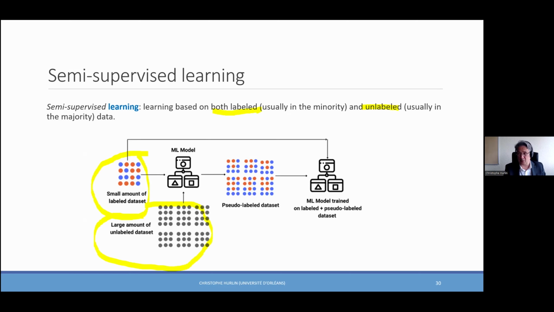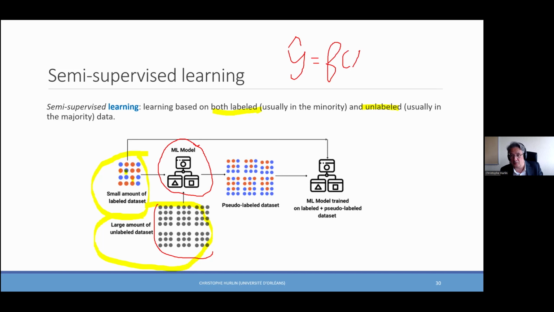I made some controls on a small set of firms, so I observe Y equal to 0 or Y equal to 1 for all these firms. And I have a large set of firms which have not been controlled yet, so I don't know if they committed fraud or not. Then you can use a semi-supervised machine learning model, which will produce a forecast for all the individuals.